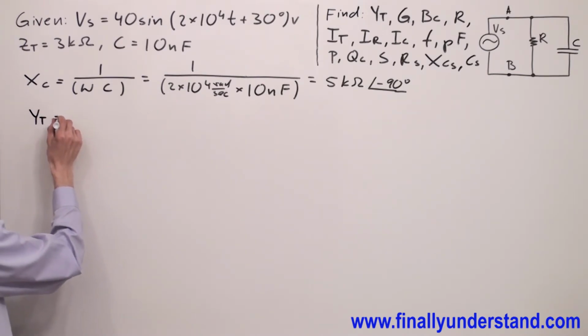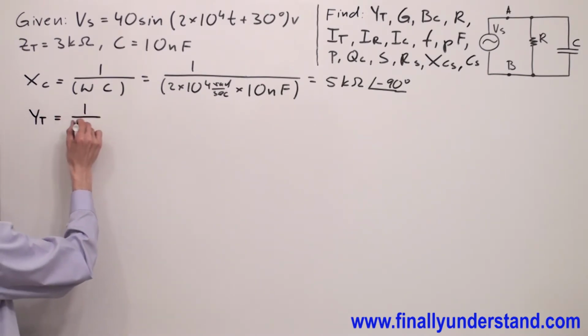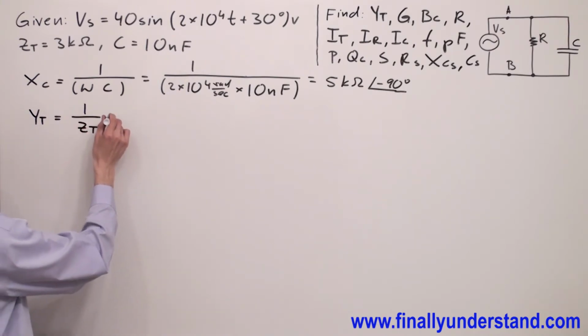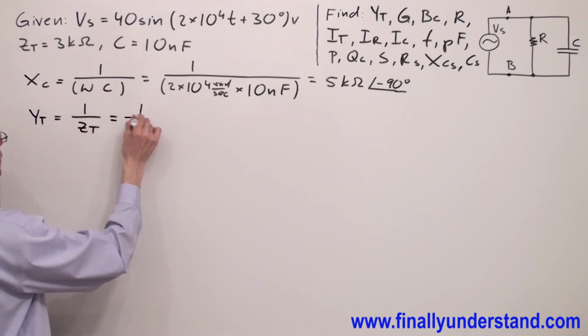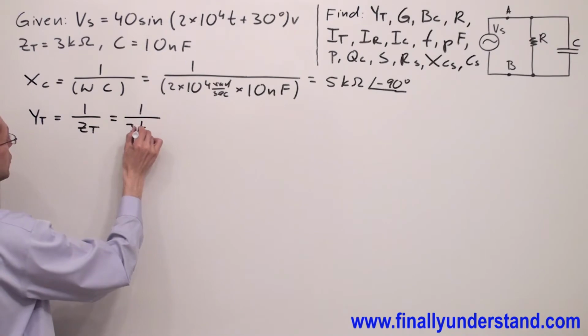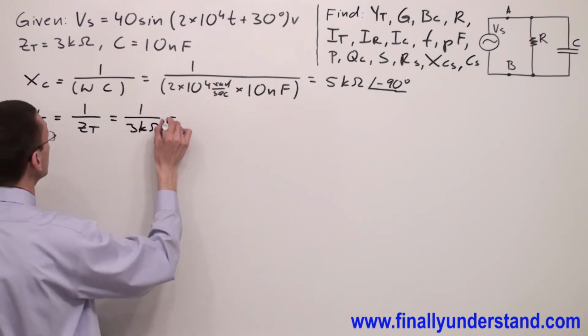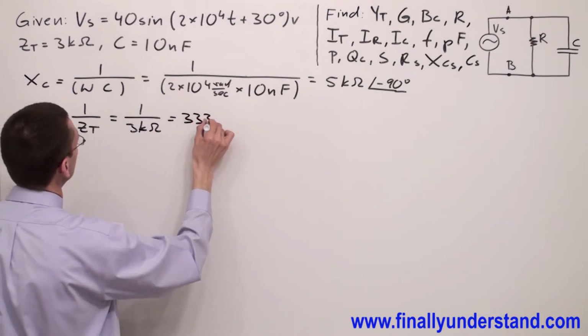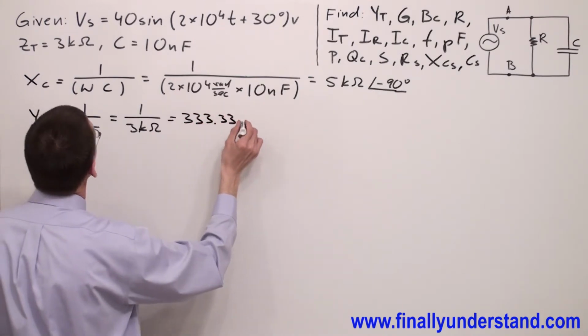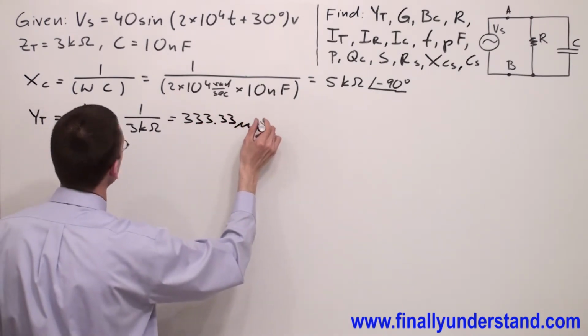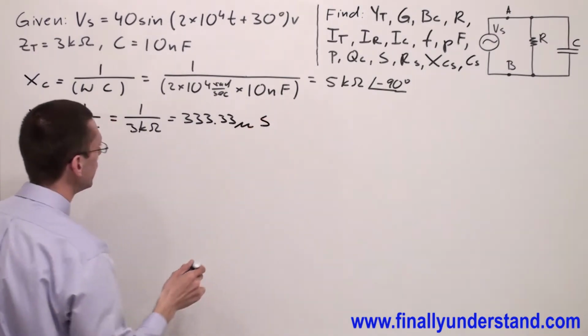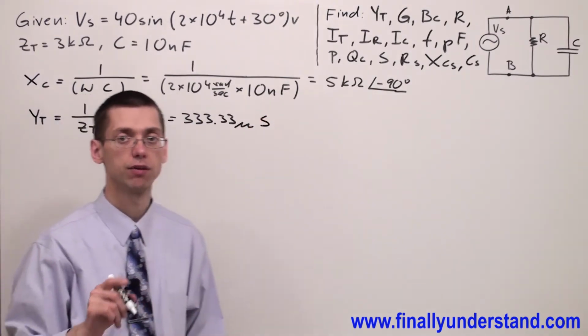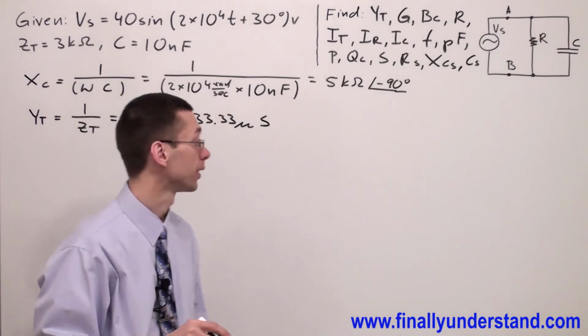Y total is equal to 1 over Z total. So I have 1 divided by 3 kilo ohms is equal to 333.33 microsiemens. And please notice that we do not have angle at this moment yet.